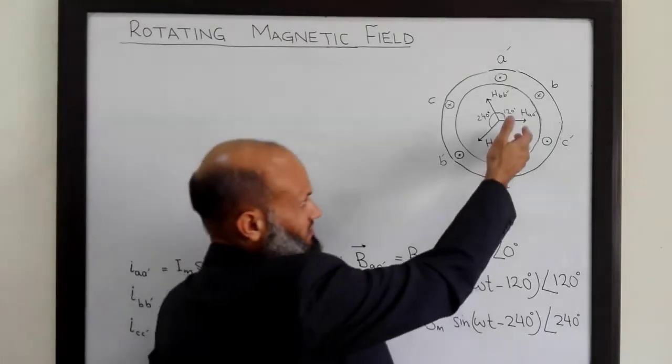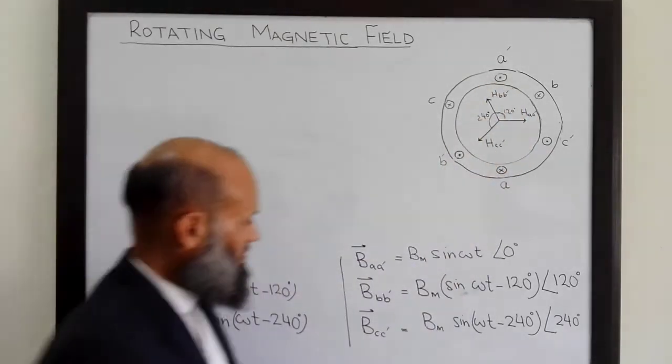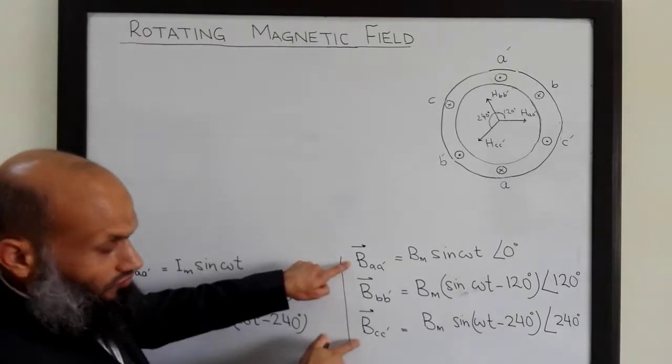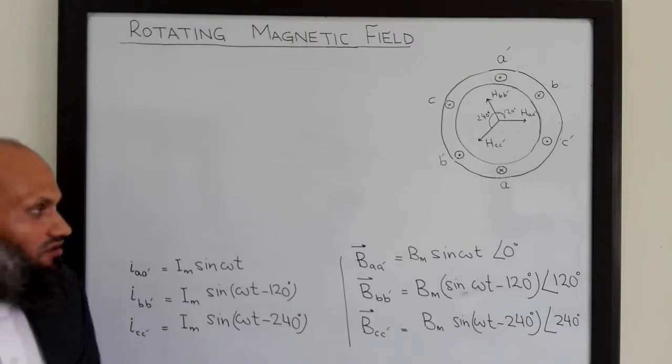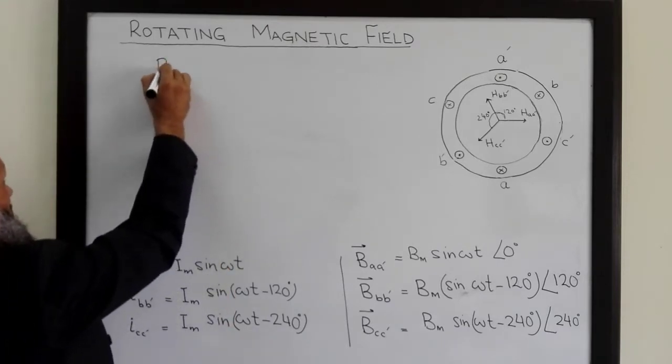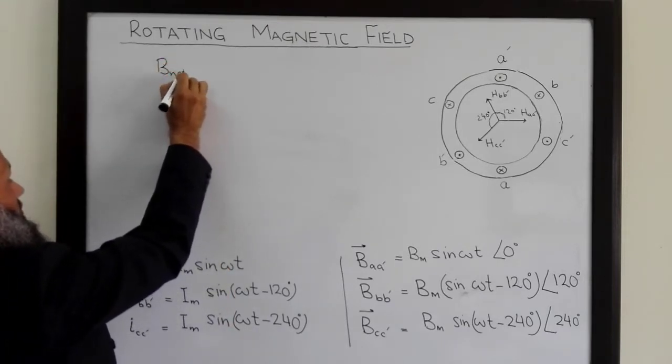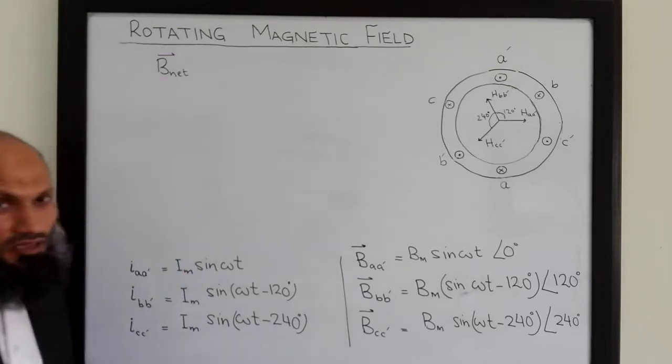The net flux density in this space is the vector sum of all these flux densities. In the last lecture, we determined the net flux density vector using a graphical approach.